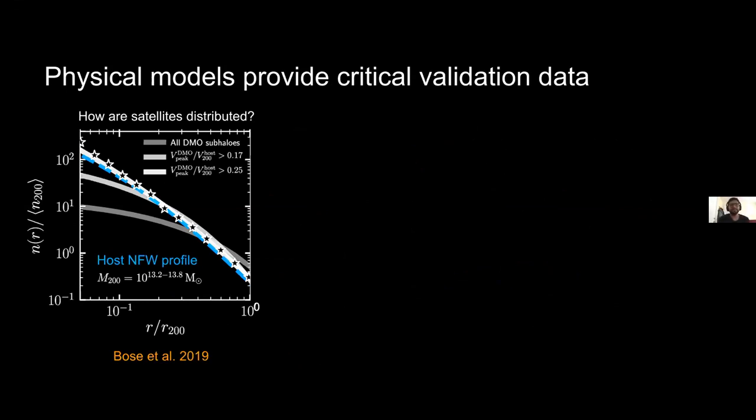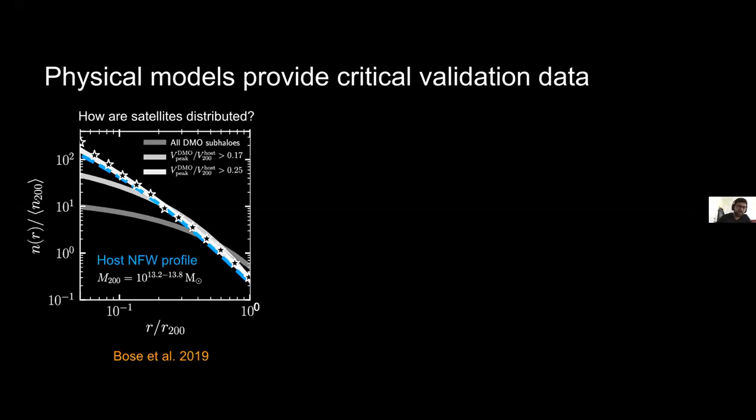No problem. Yeah, so physical models like semianalytics and hydrodynamical simulations are useful because they provide critical validation data. So what I mean by this is that you can ask questions like, how are satellite galaxies distributed within their host halos? This is a result from IllustrisTNG, which shows the radial distribution of satellite galaxies, where the luminous satellites in the model are shown with the black stars.